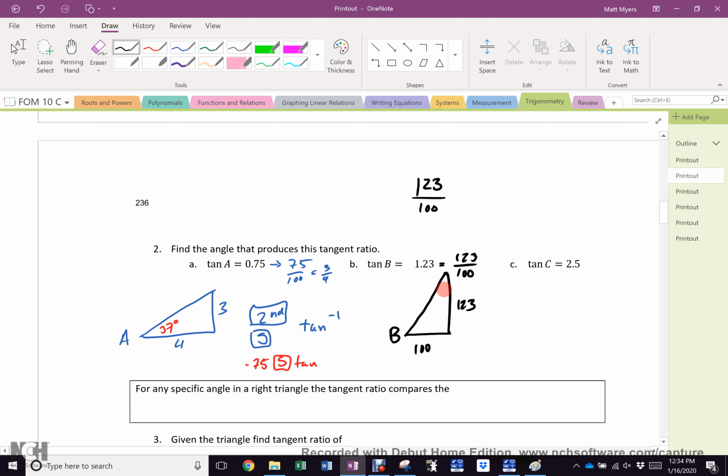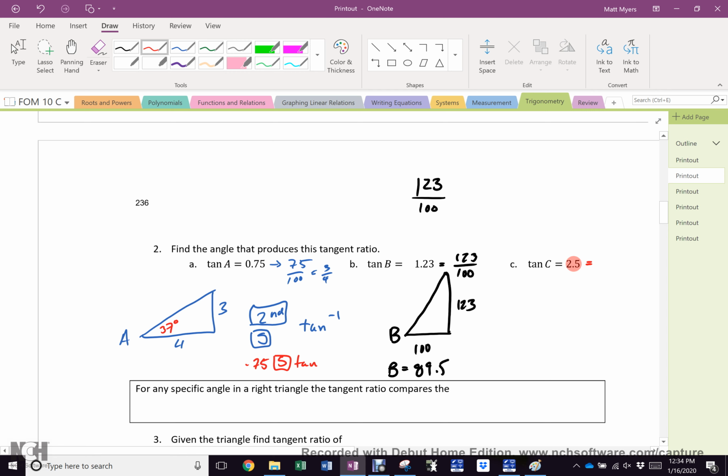Shift tan and the decimal. And what do I get? B equals 89.5. Yeah? Everybody cool? Is it 89.5? I don't have my calculator. Yeah? Okay.